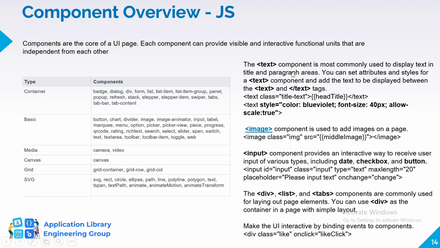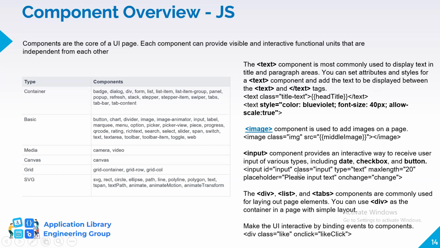If you can see here, a few examples. The text component mainly is used to display text like this. This is the syntax: text. If you are giving some CSS reference, you can put it in class equals to the ID and the text which you want to display. If you don't want to use CSS, you can directly define the styling here using the style attribute on the text. Similar to that, the image component, wherein you will give the source, the image details which you need to display.